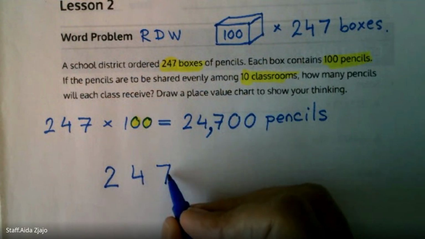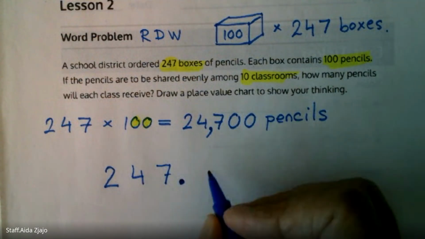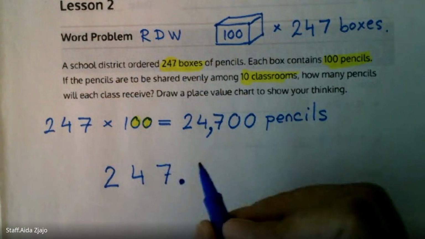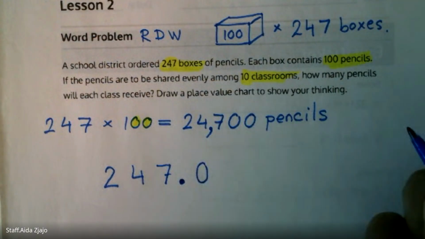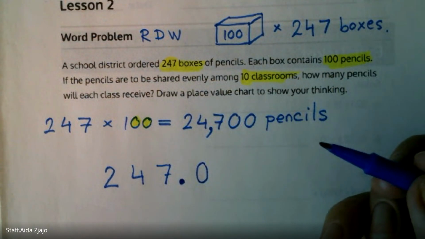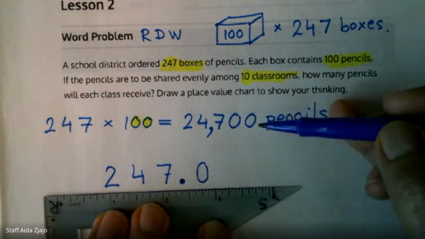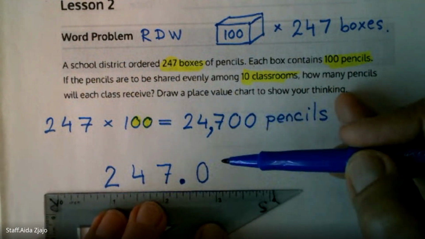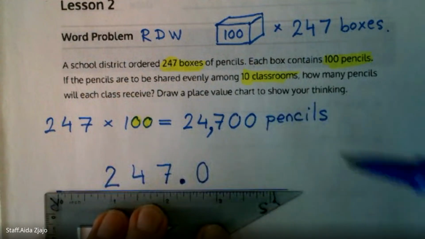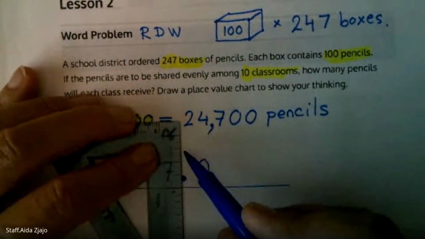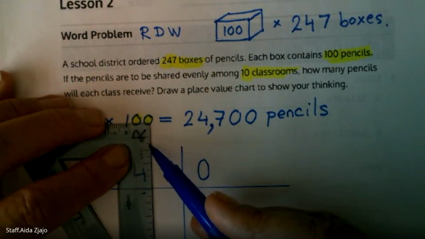This is 247, but as if you wanted to make it a decimal, you can put a zero for the tenths, for example. And then I like to use lines and my triangular ruler, so it helps me with place value.